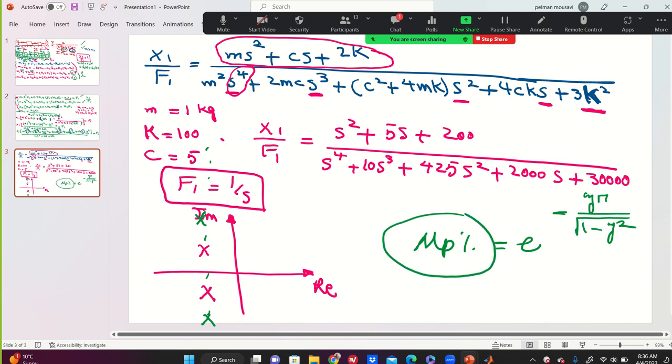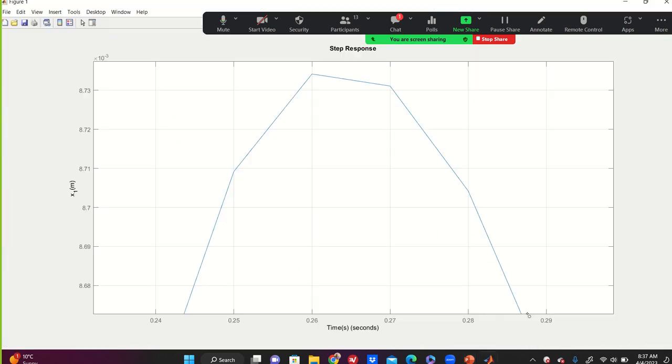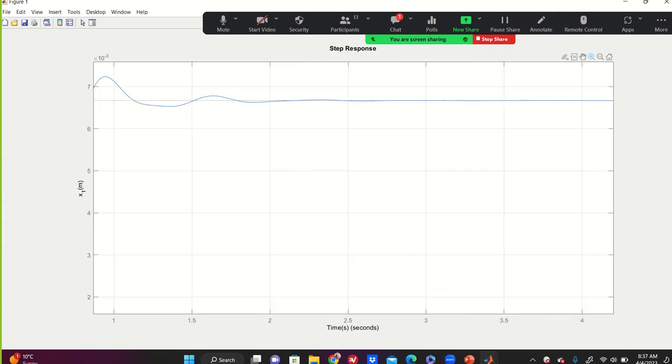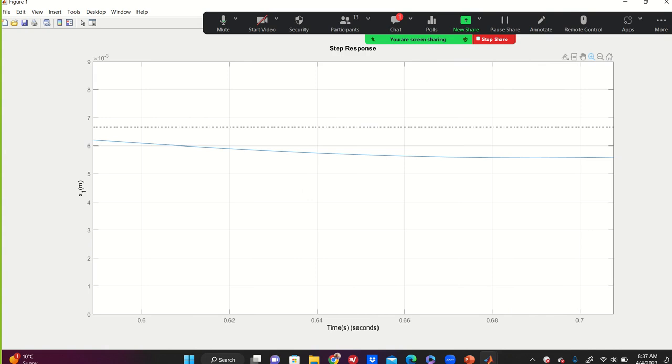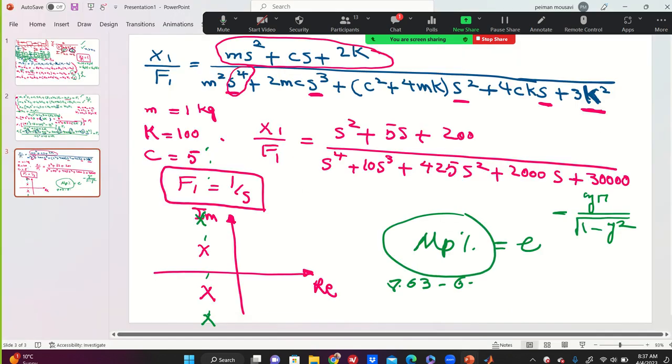So this side is 8.73 minus 6.73. What was the number I told you? 6.73, divided by 100 equals to this.